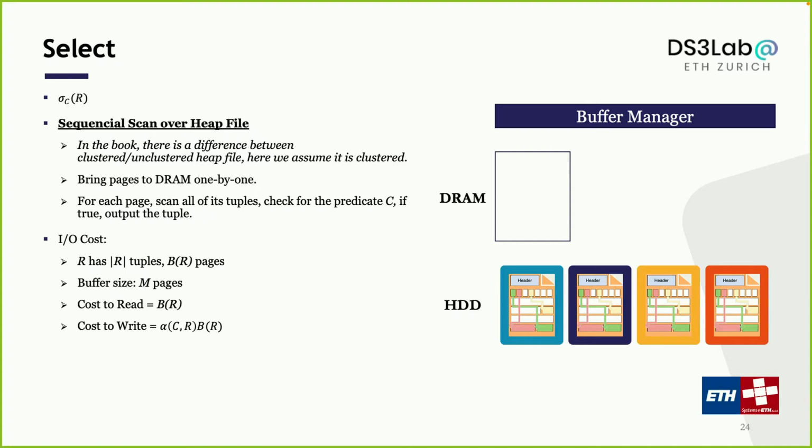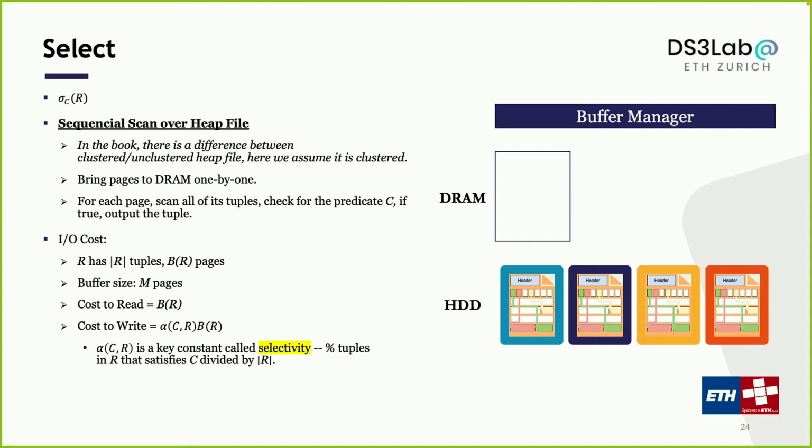So there's one very interesting factor called the selectivity of this selection, which takes as input your condition and this relation, and outputs the ratio of tuples that are being returned over the total number of tuples that you have.